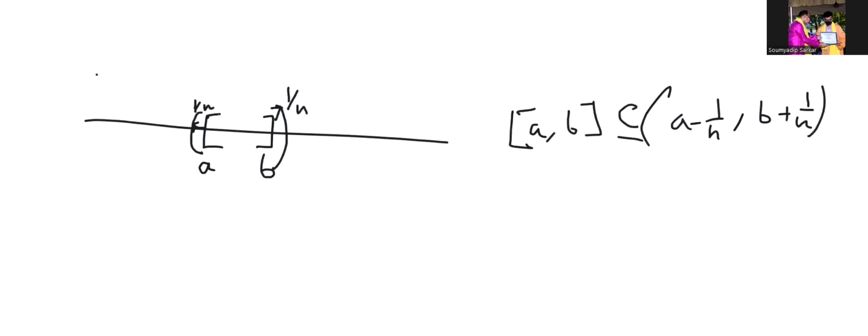And if I take n larger and larger, this 1 by n will approach 0. That means my approximation will get better and better.